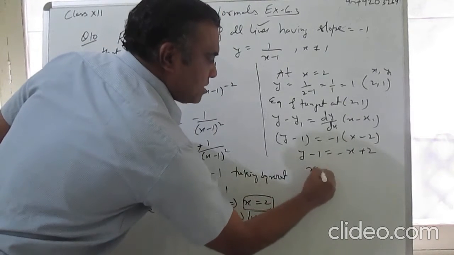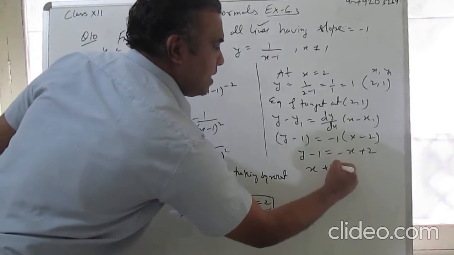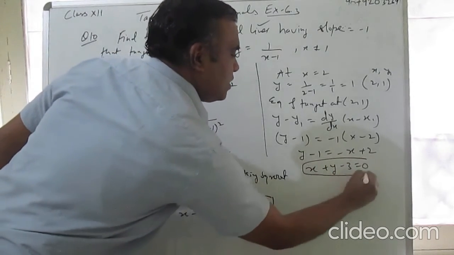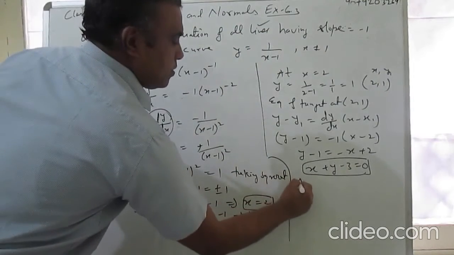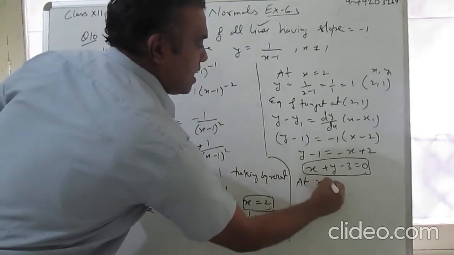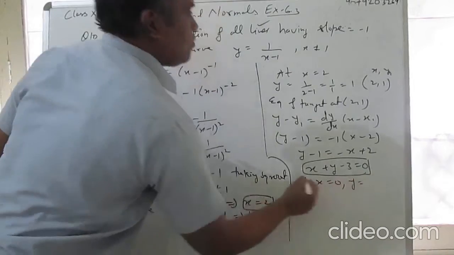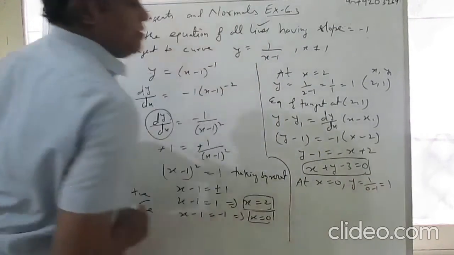Now x को इधर ले आइए, x plus y and 2 को इधर ले आइए, तो ये हो जाएगा x plus y minus 3 is equal to 0. This is the one equation. Now at x is equal to 0, put in the curve, then y is equal to 1 upon 0 minus 1, यानी कि -1.